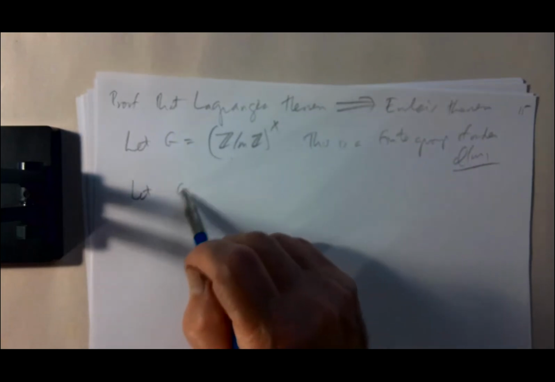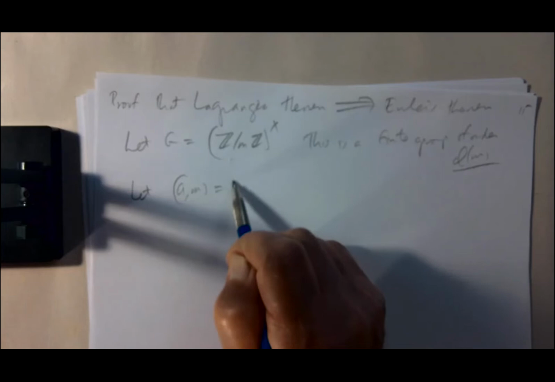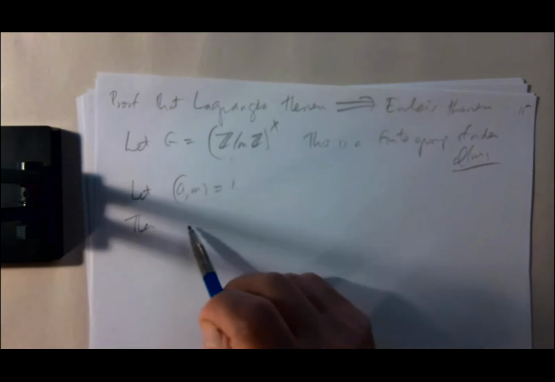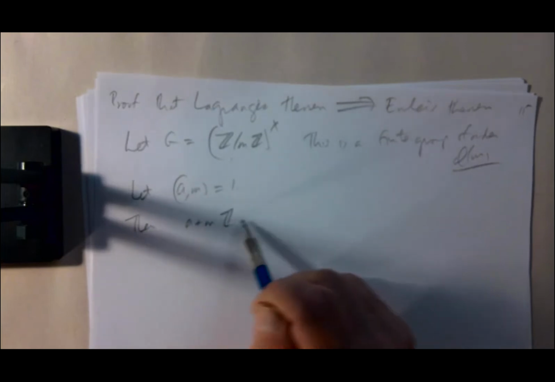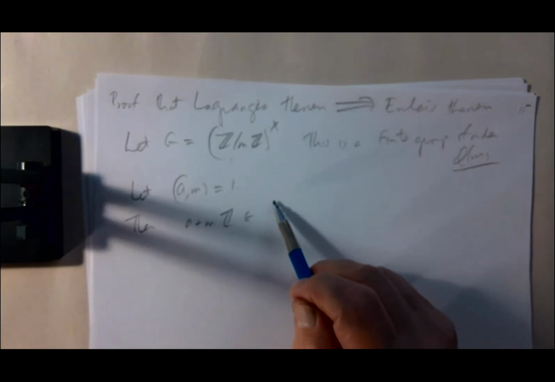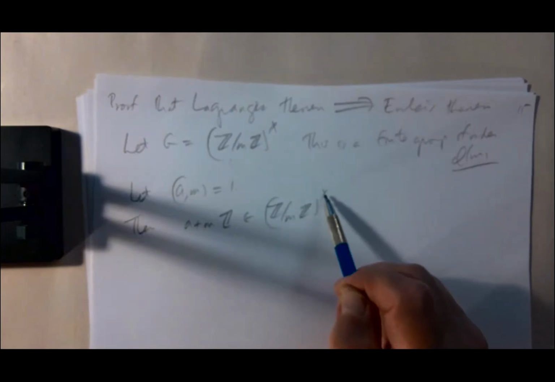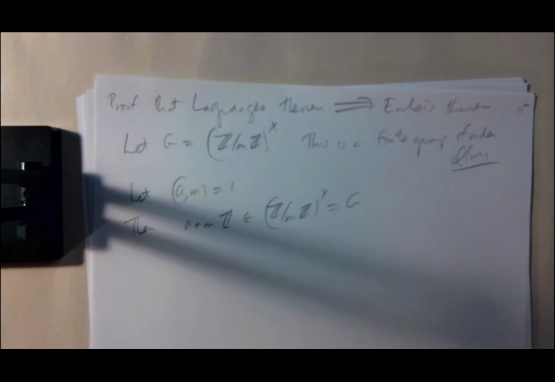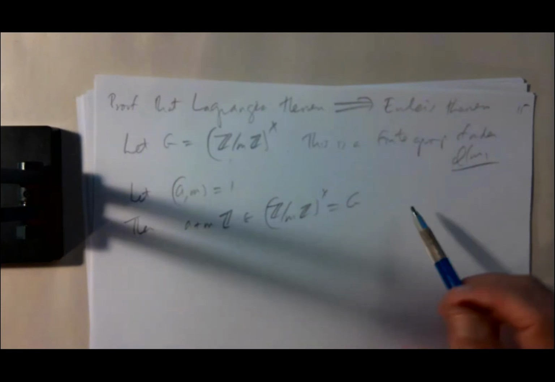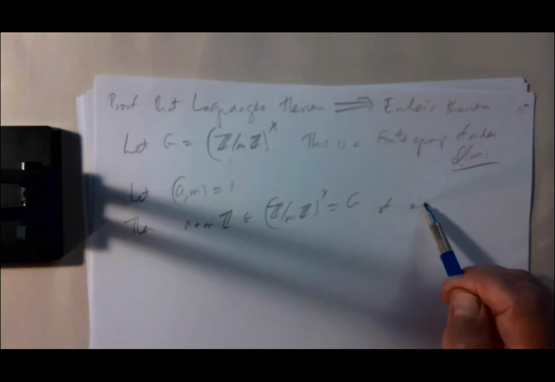Let a be an integer which is relatively prime to m. So then a plus mZ is a congruence class in G. And then this has order d.